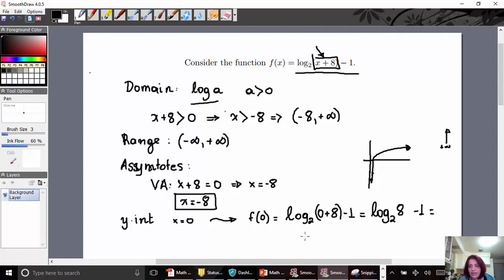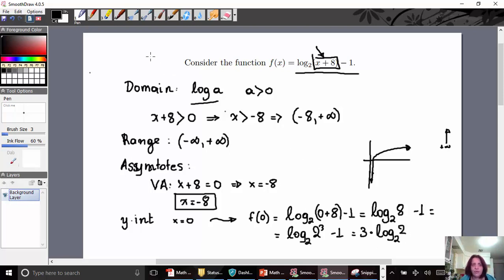But remember that we can rewrite the 8 as a power of 2. 8 is nothing else than 2 to the third. And then we can apply the properties of logarithms to rewrite the log of 2 to the third as 3 times log with base 2 of 2.